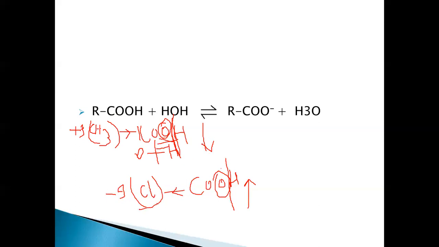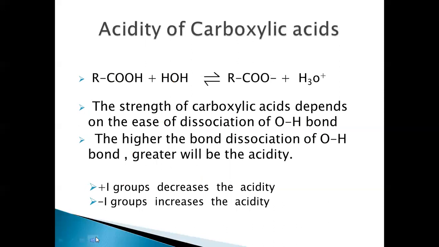On the other hand, if chlorine is there instead of this CH3, which is a minus I effect group, it will attract the electrons from the system and decrease the availability of the electrons on O, so the OH bond can be dissociated easily. So the acidity is more. Yes, just the opposite of the basicity. So plus I effect groups decrease the acidity and minus I groups increase the acidity.